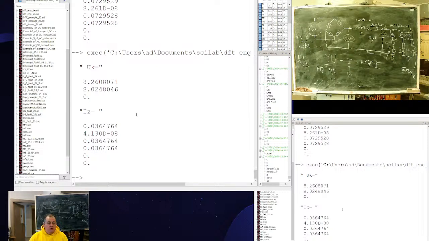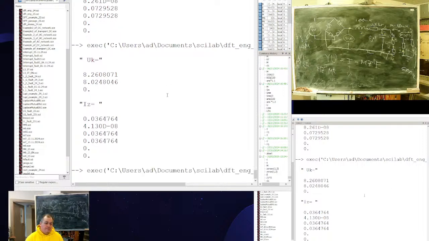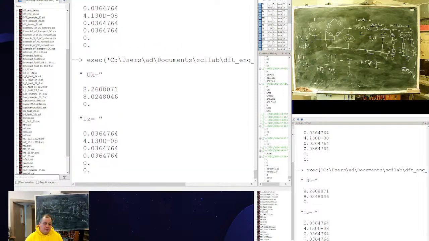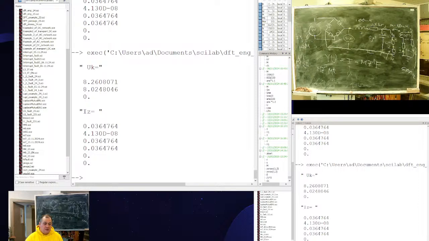How many voltages do I have? 1, 2, 3. And 5 by 2 will be 10, no, nothing. Branch currents and my voltages.